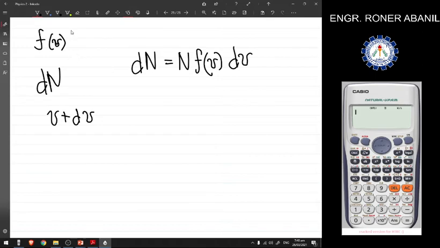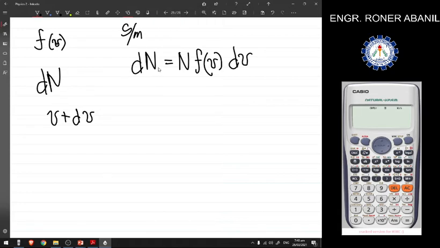This distribution function has units of reciprocal speed, or seconds per meter.